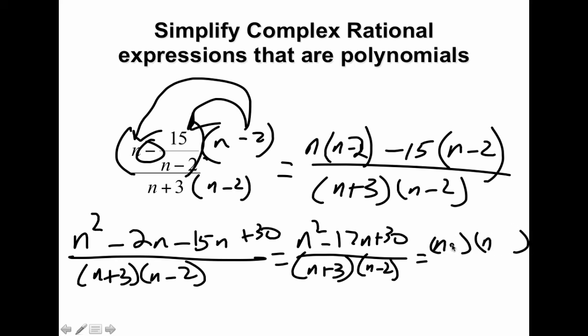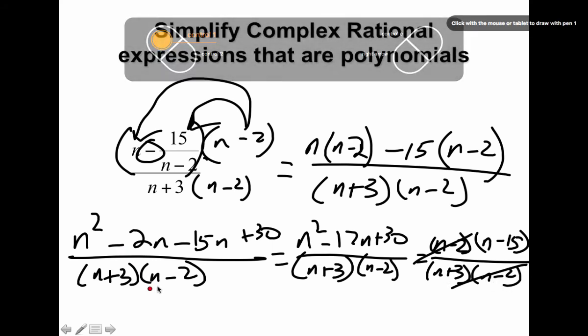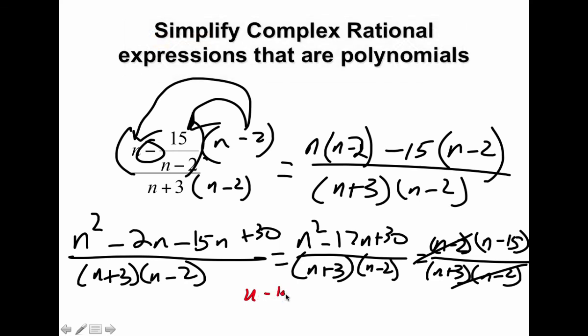N and n, I think it's a minus 2 and a minus 15. Well, looky there. We finally got one to cancel out. We can cancel those n minus 2's, and my answer is n minus 15 over n plus 3. I think that about does it for this lesson. So hope you enjoyed.